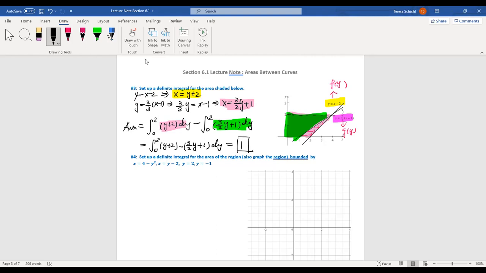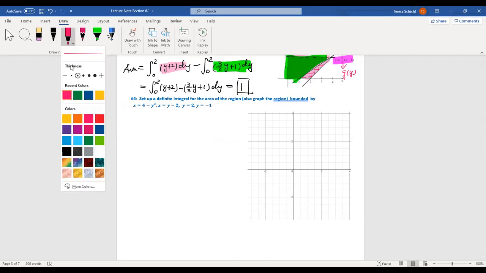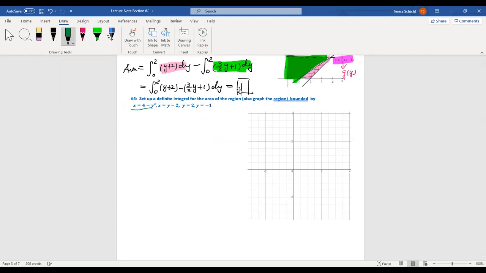Okay, so now let's take a look at number 4 here. They say set up a definite integral for the area bounded by the region. Okay, so first things first, let's try to draw what we have here. So x equals 4 minus y squared. I'm going to use green. So x equal to 0, y equals negative 2 and positive 2.